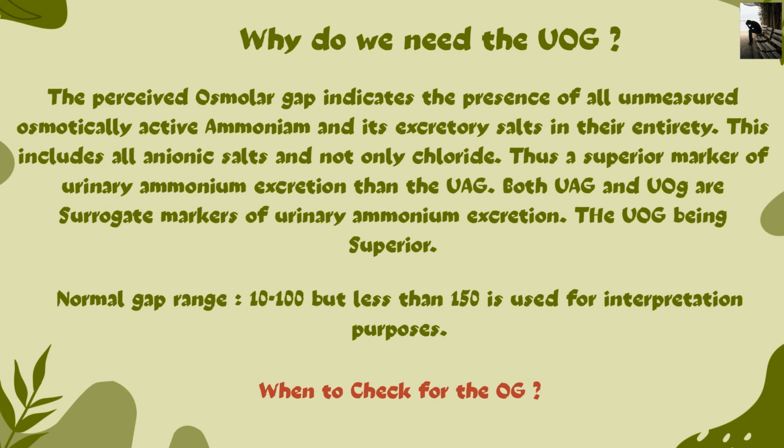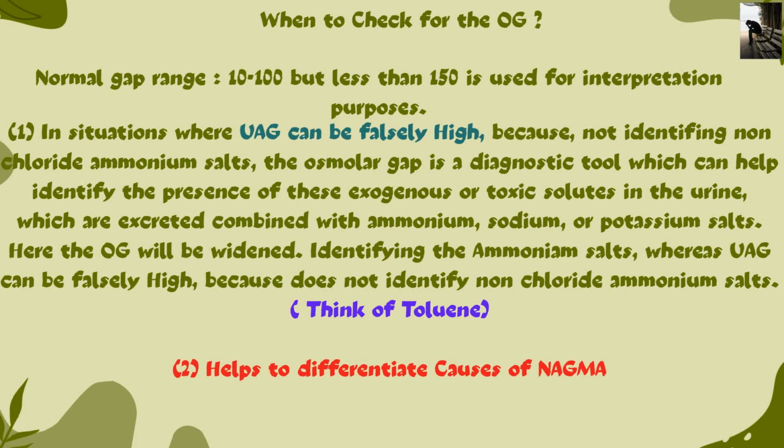We know why a urinary osmolar gap is needed. The next question is, when would you use the osmolar gap, or what is its clinical utility? So we do know that the urinary osmolar gap is superior to the urinary anion gap in terms of picking up ammonium excretion in its entirety.